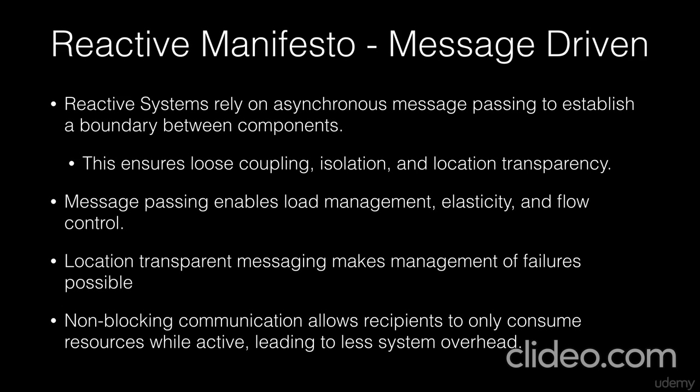And then the non-blocking communication allows recipients to consume resources only while active. And this is also important. So if you have, say, a message queue, you can have a consumer come up. You could have 1 consumer, 5 consumers. So you can dynamically scale that. And the consumers that aren't active aren't going to be adding to the overall system load.